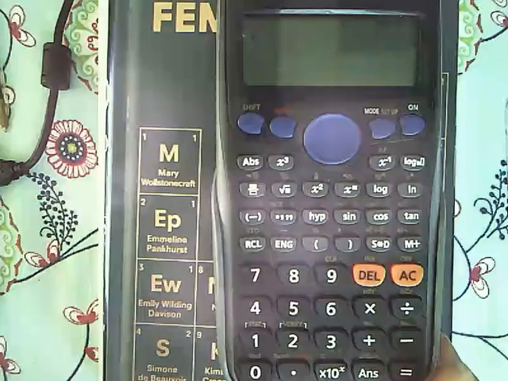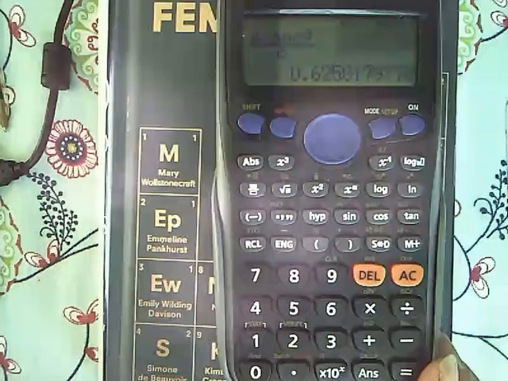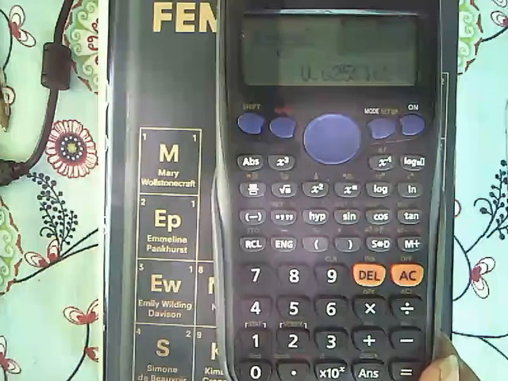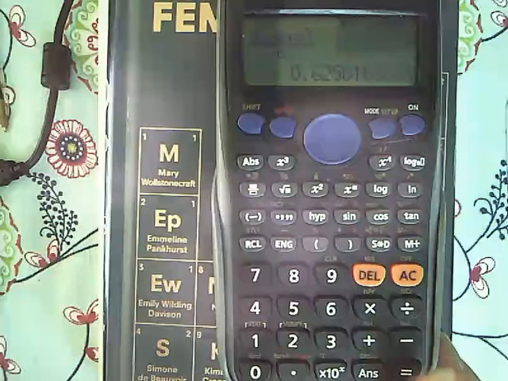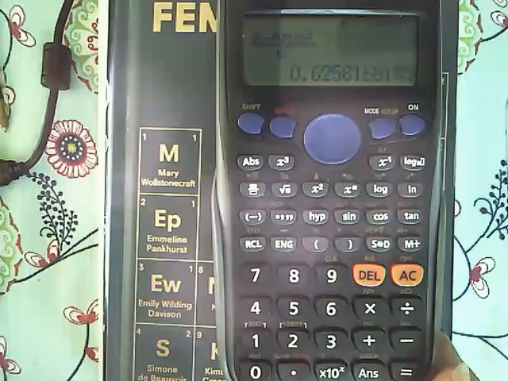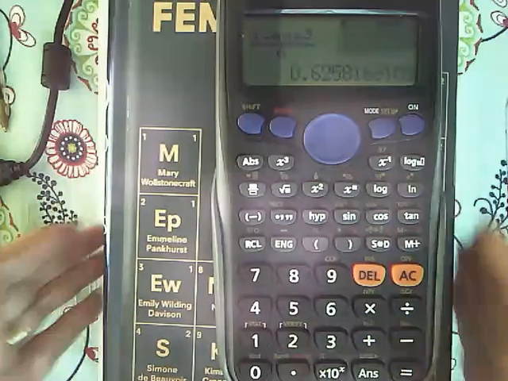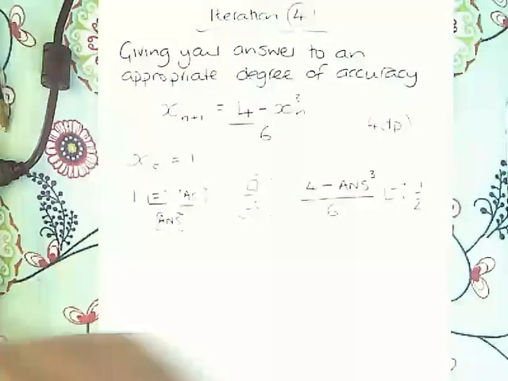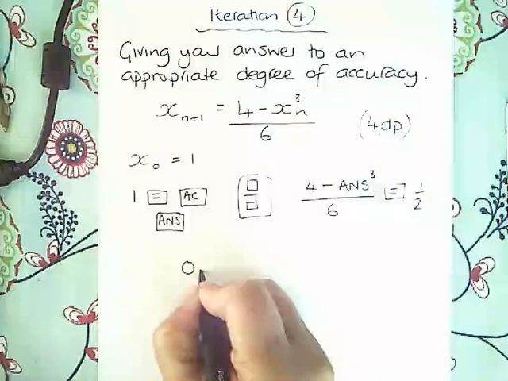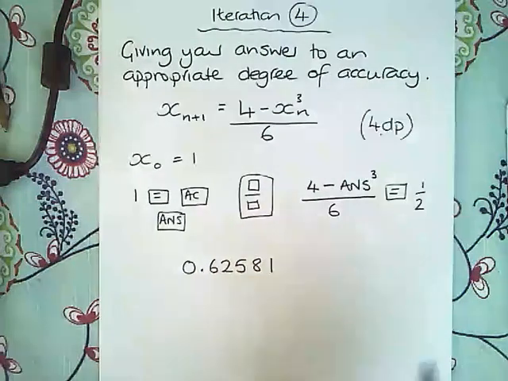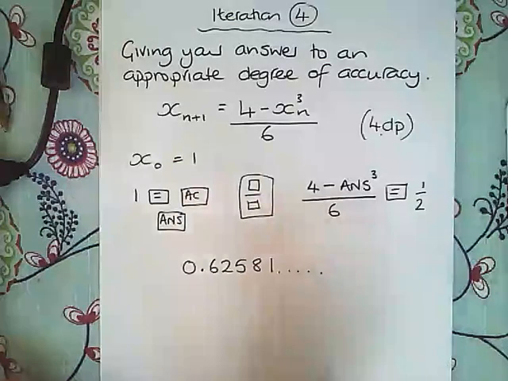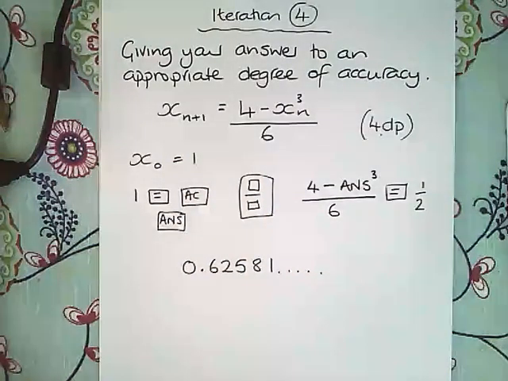And can you see, if I keep pressing it, the 62581 is staying the same. So as I press that over and over again, I am getting the number 0.62581. And if you keep on pressing it, your calculator display will eventually not change at all.